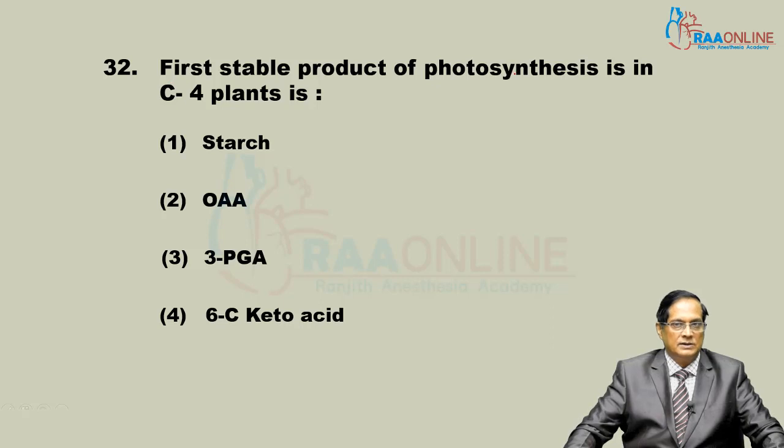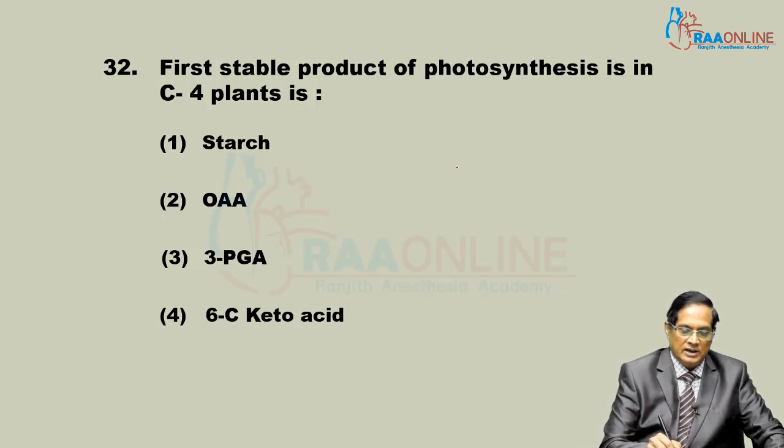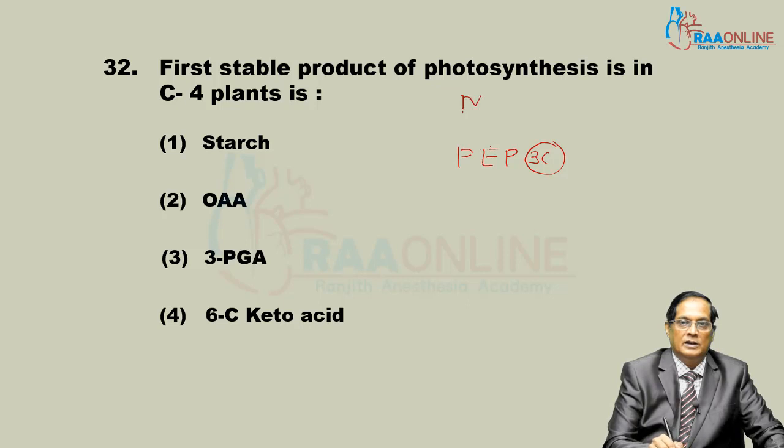32nd question. First stable product. See the cycle. Phosphoenol pyruvate, a 3 carbon compound in the mesophyll cell, traps atmospheric carbon dioxide. This reaction is known as carboxylation.